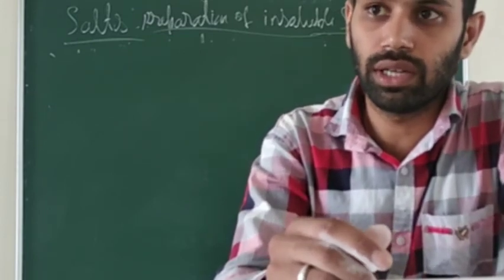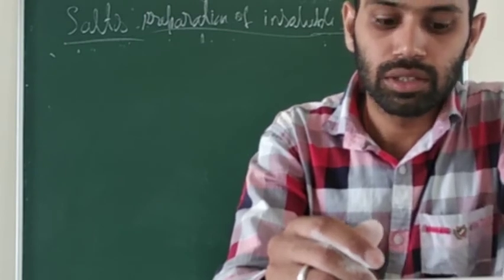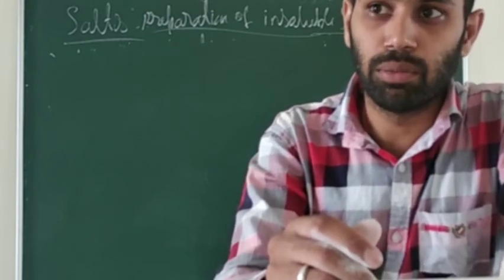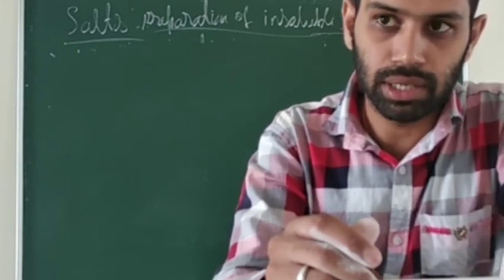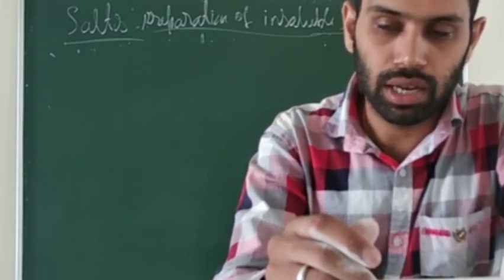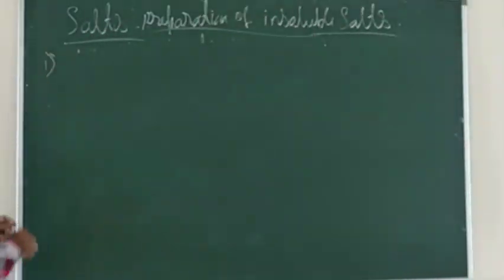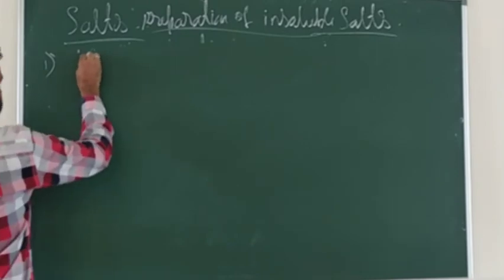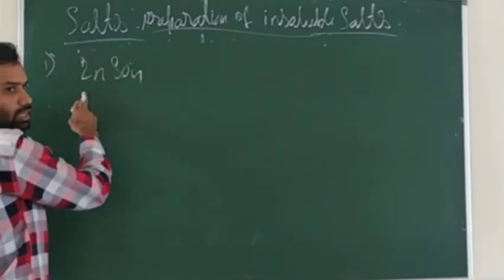So how to prepare that? By boiling the metal salt with sodium carbonate. One example: the metal salt zinc sulfate. It is a metal salt because zinc is a metal.